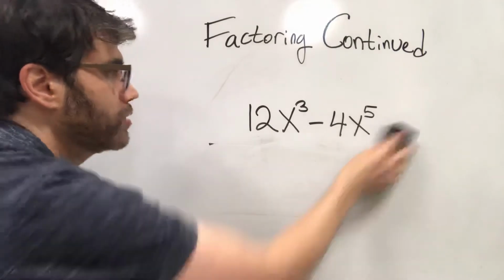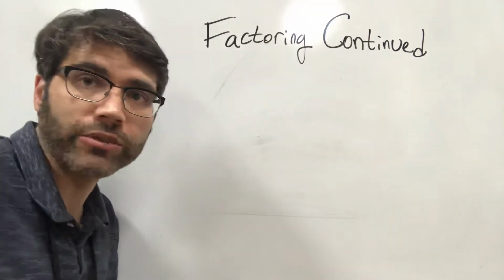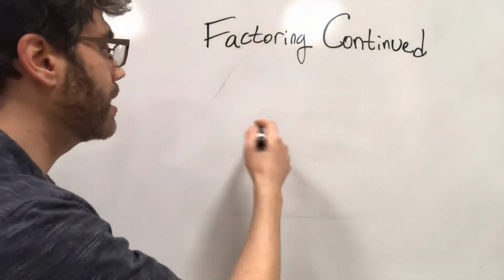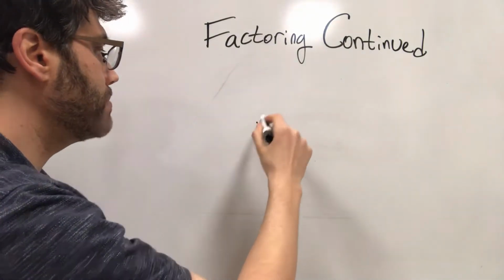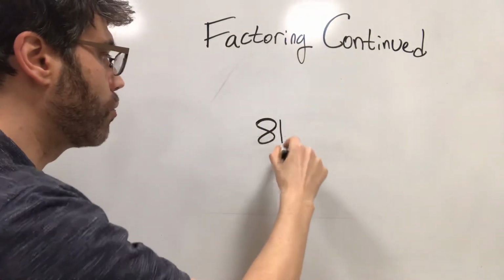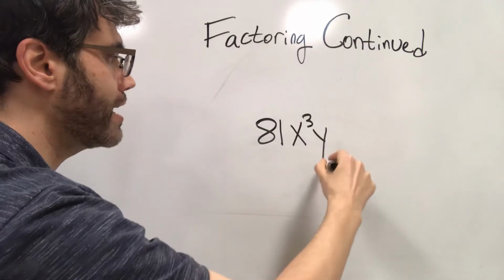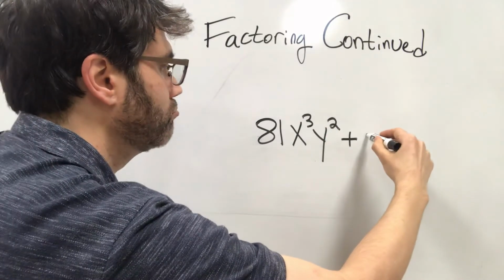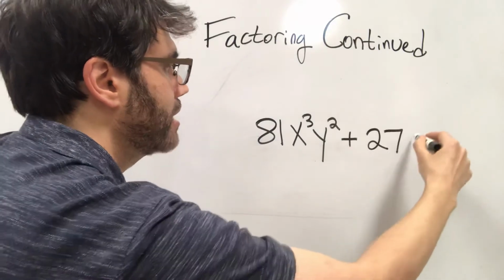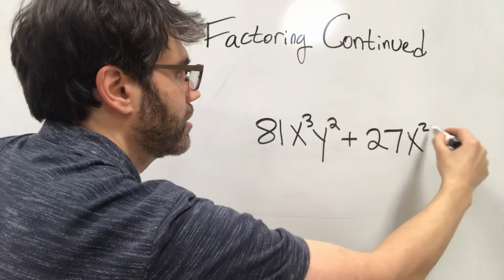All right, let's move on to if you have different kinds of variables. Let's say we had something like 81 x to the 3rd y to the 2nd plus 27 x to the 2nd y.